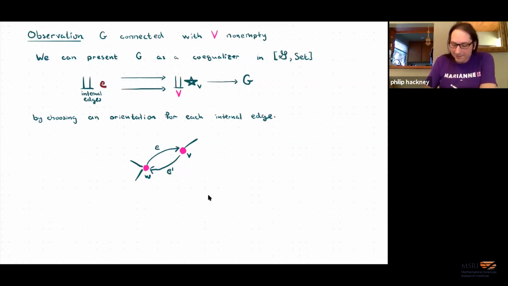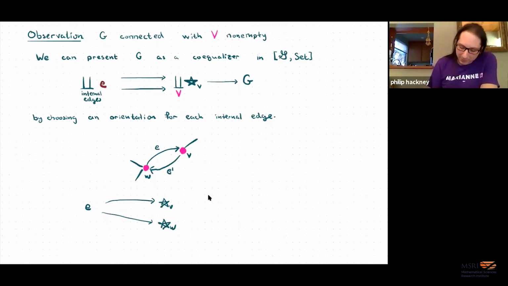If I look at this graph, then maybe I shouldn't have used E and E prime, but I have two maps. So the top map is going to go to star V, and the bottom map is going to go to star W, just the inclusion you would expect.